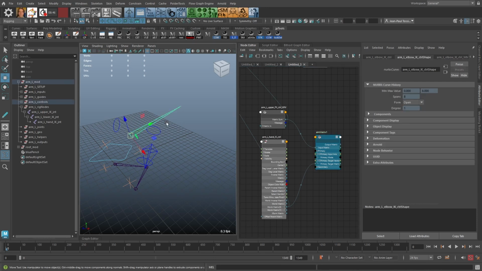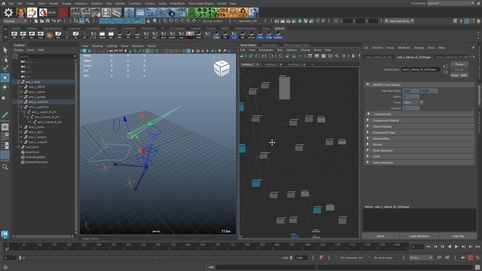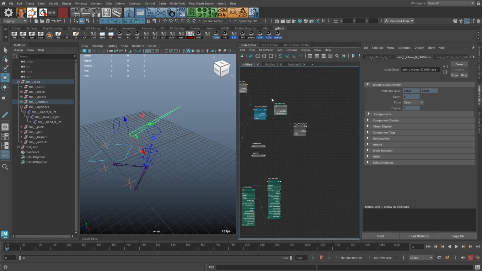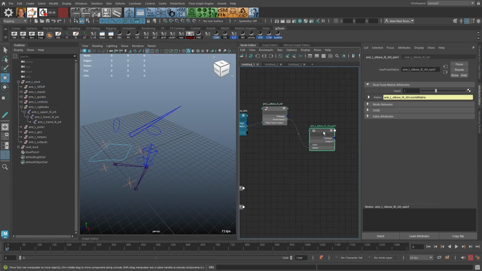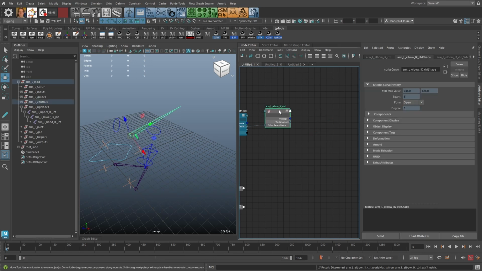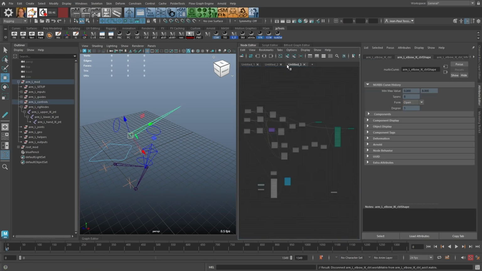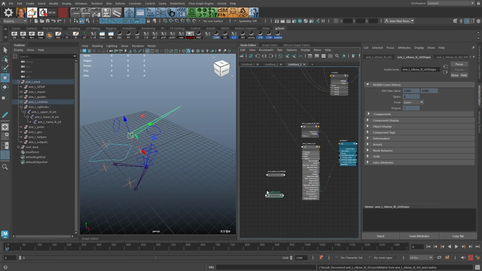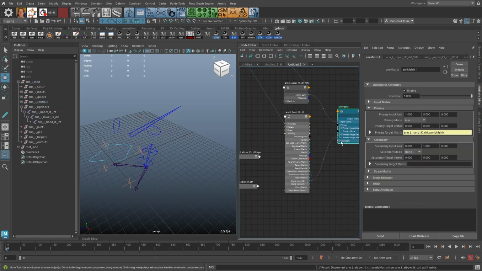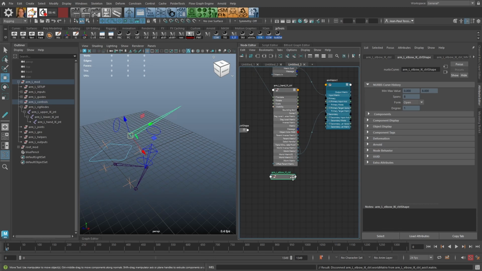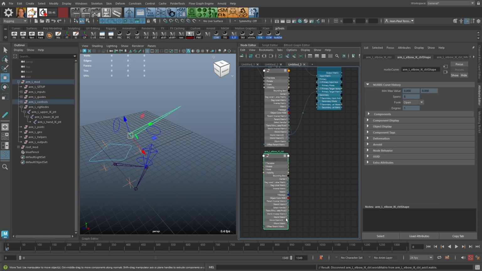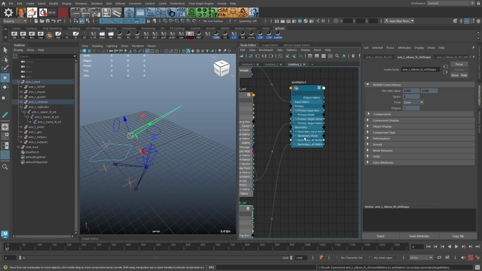And now we take the control, the elbow control. This is a leftover from the IK, we can just remove that one. We take this control, we add it, and we plug its world matrix into the secondary target matrix.